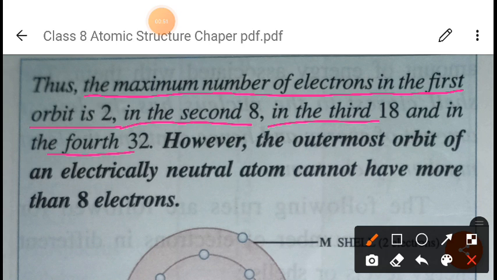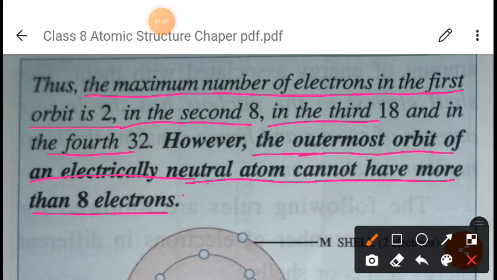However, the outermost shell or outermost orbit of an electrically neutral atom cannot have more than 8 electrons. Suppose this is an atom.